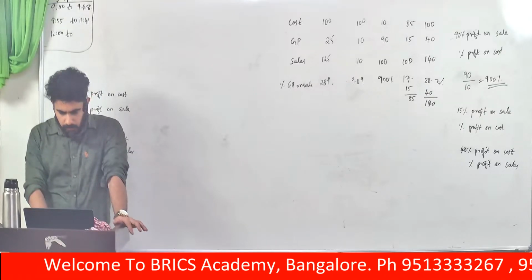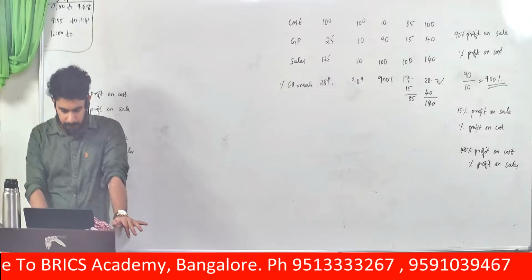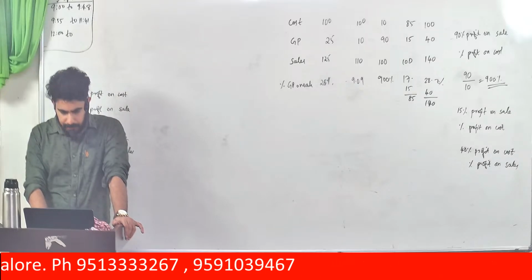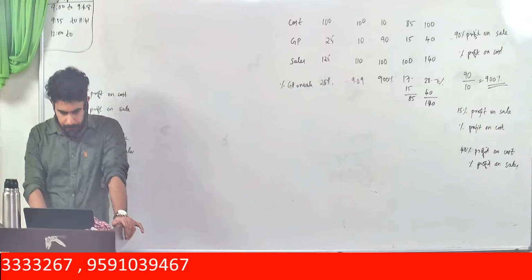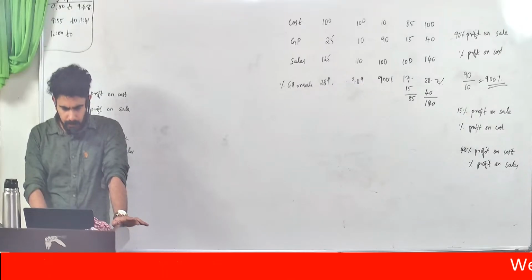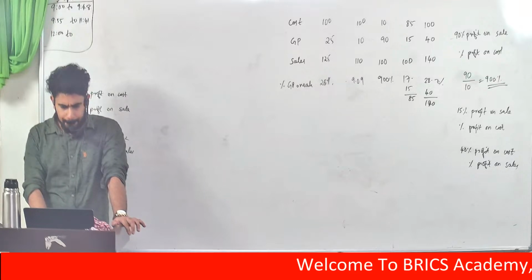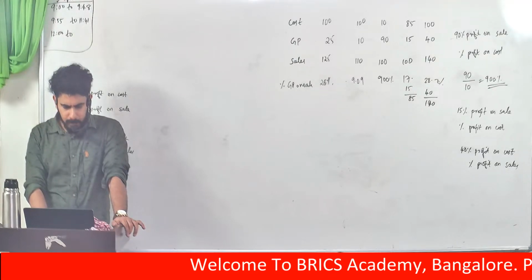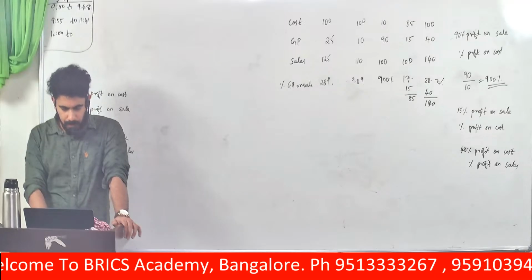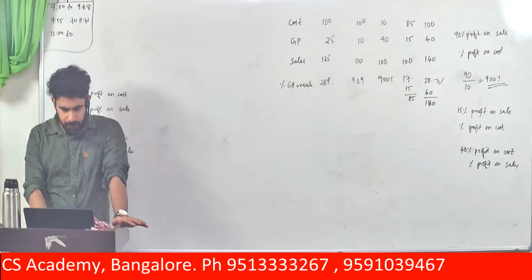Seventh one, did we do? No, seventh one you can do it. You can do question number 7. Question number 8, we can do it together. Question number 9 you can do. One minute. Question number 9, we'll leave it for now. Question number 10 we did, right?